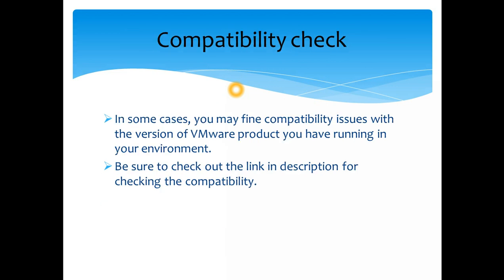So as discussed, compatibility check. In some cases, you may find compatibility issues with the versions of VMware products you have running in your environment. For example, if you have vCenter Server, which obviously everyone will have, but say you are running alongside that vROps or vRealize Orchestrator, you need to make sure when you're upgrading your vCenter for the next rollout that your other VMware products are also compatible with this upgrade.